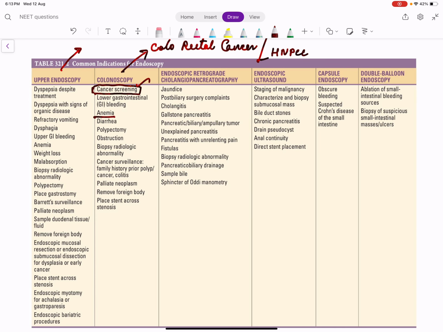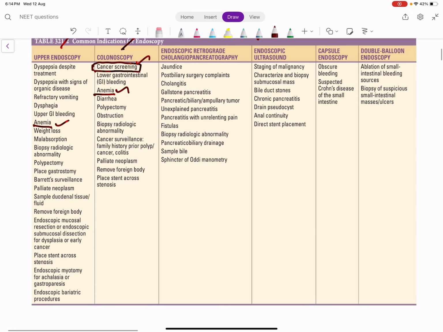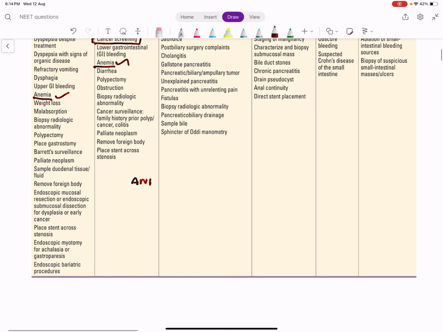Anemia is an indication for both upper GI scopy and colonoscopy. If a person, for example a male, has anemia, especially iron deficiency anemia, remember that iron is taken through the diet and it is lost only through stools. There is no other way iron can be lost from the body. So if there is iron deficiency, either intake is low or there is loss through the GIT.